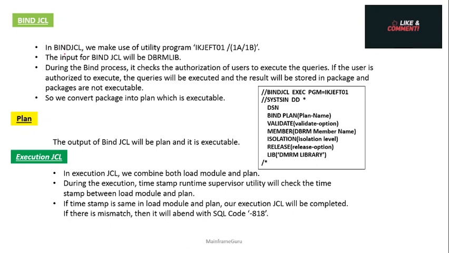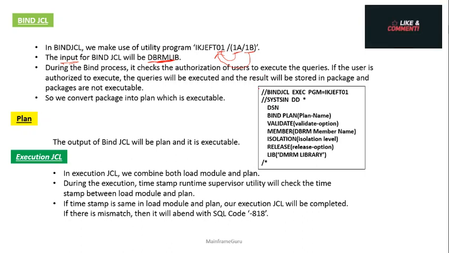Now the bind JCL. In the bind JCL, we make use of the utility IKJEFT01. In place of 01, we can use 1A also and 1B also. The input for the bind JCL will be the DBRM library.